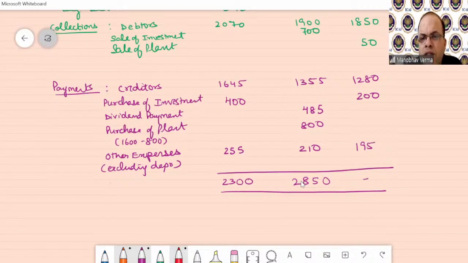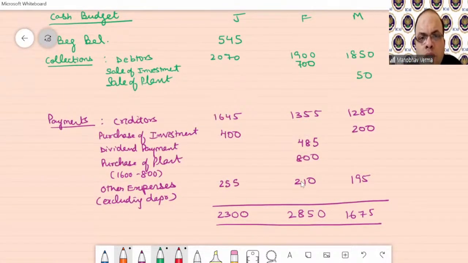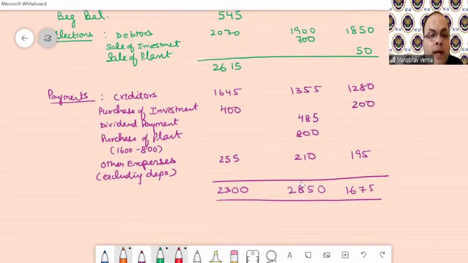And in this case, we seem to have 1675. And what about the total over this side? So that means we have 2615. And having said that, we can quickly plot in the ending balance as well, because we need to complete it quickly. So ending balance seems to be 315.